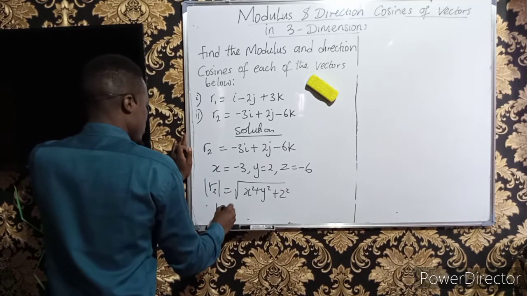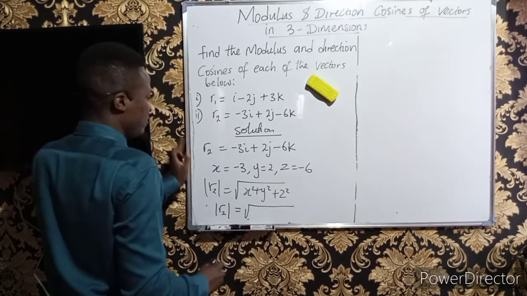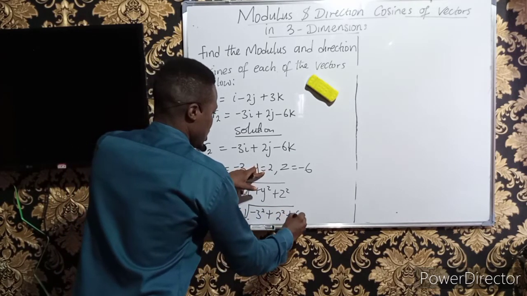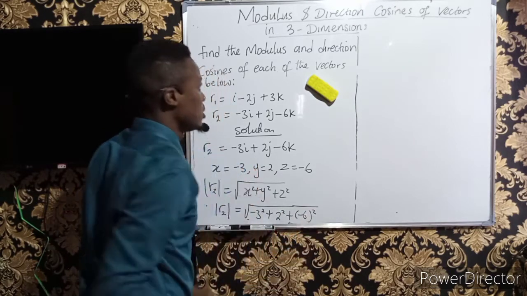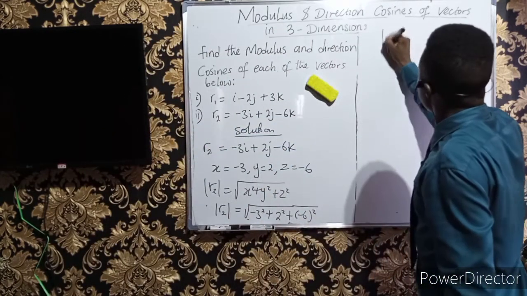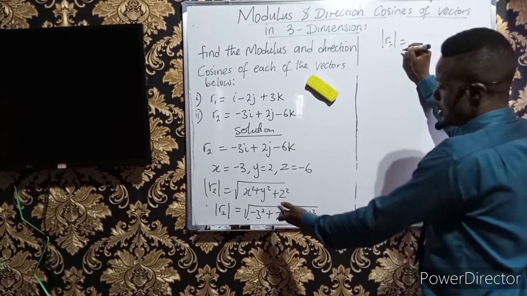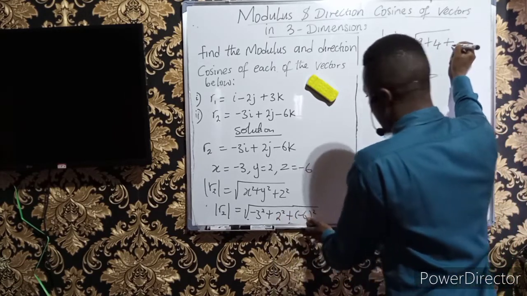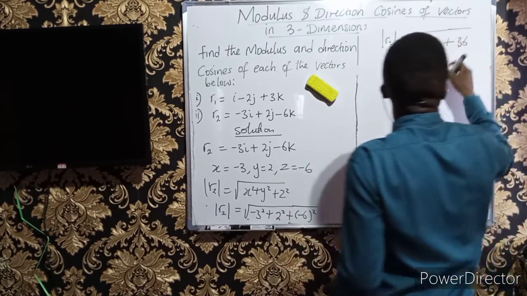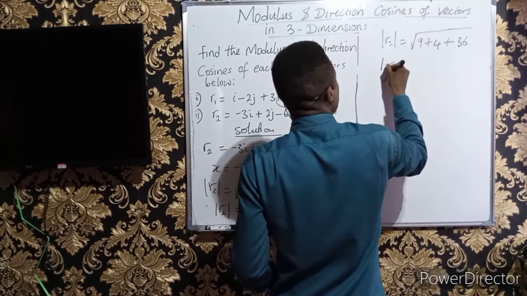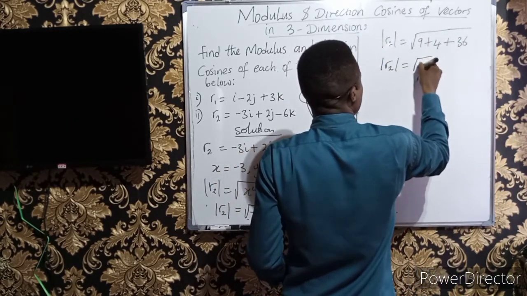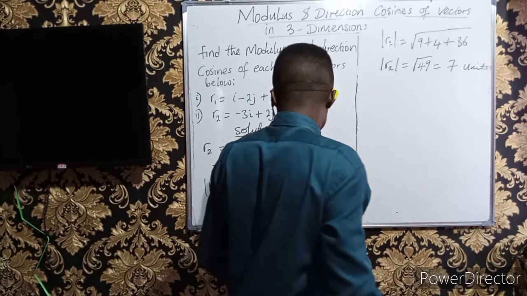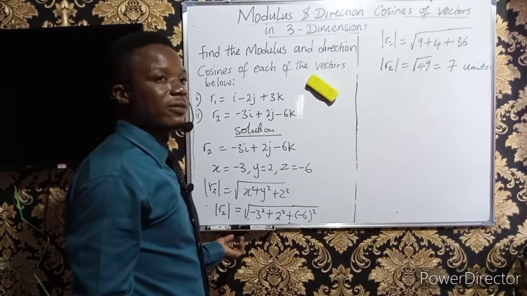Hence, the modulus of R2 is the square root of negative 3 squared plus 2 squared plus negative 6 squared. Negative 3 squared is 9, 2 squared is 4, and negative 6 squared is 36. When I add together, I get 49. So the modulus of R2 is the square root of 49, which is 7 units.